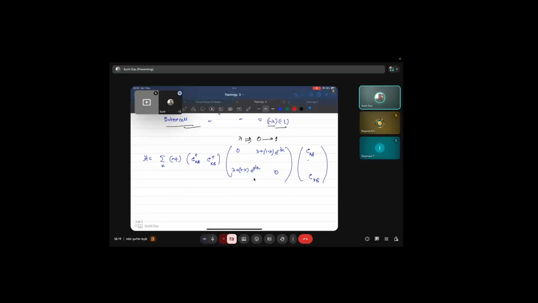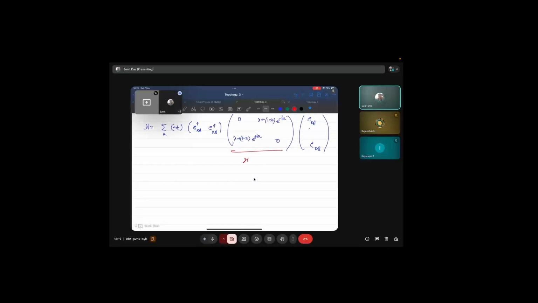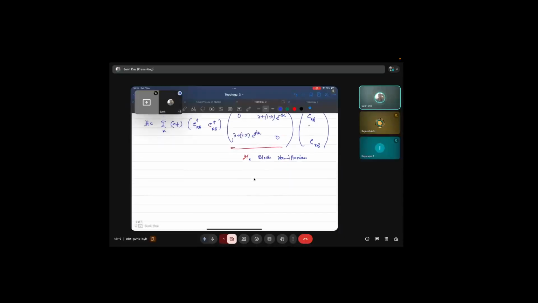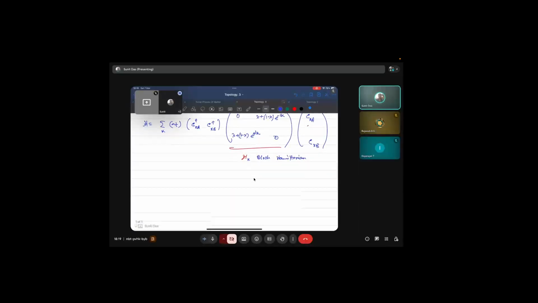Now what we are interested in is that we have this Hamiltonian, which we sometimes call the block Hamiltonian, HK, in the k space. Now we want to solve the Hamiltonian, meaning we want to extract the eigenvalues of this expression.